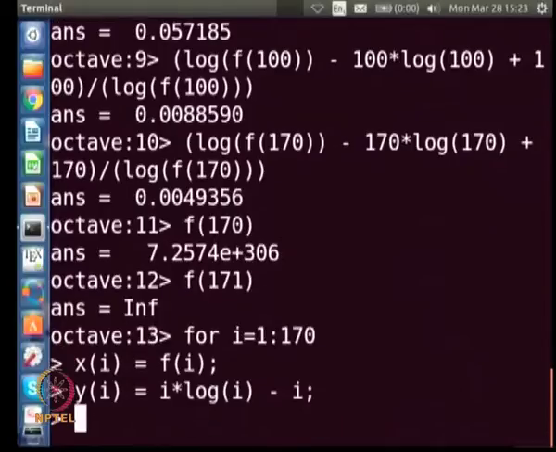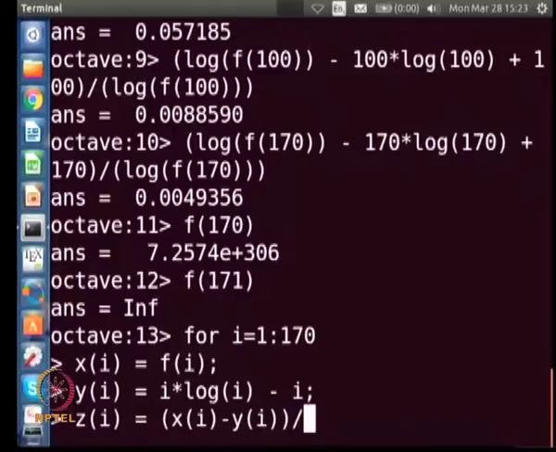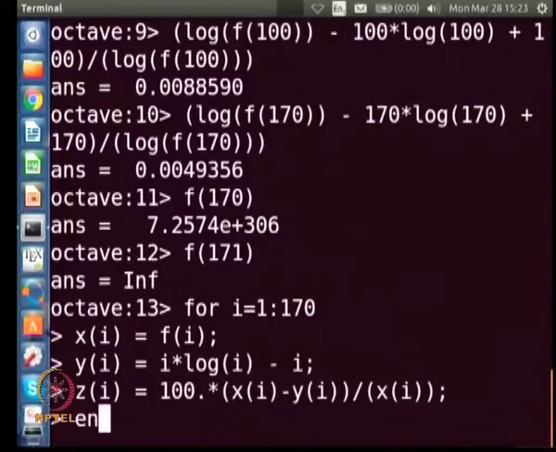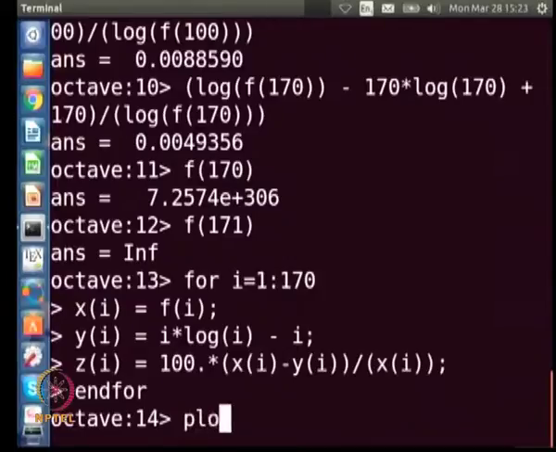Let me calculate z of i as the error percentage: x of i minus y of i, the whole thing divided by x of i, multiplied by 100. This is my z of i, and I can plot z of i.